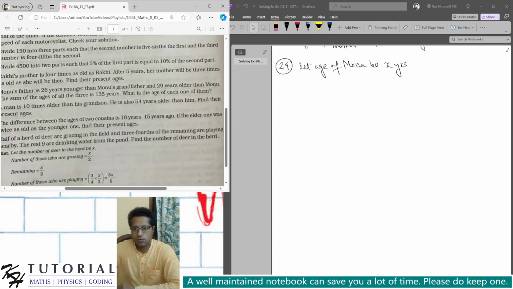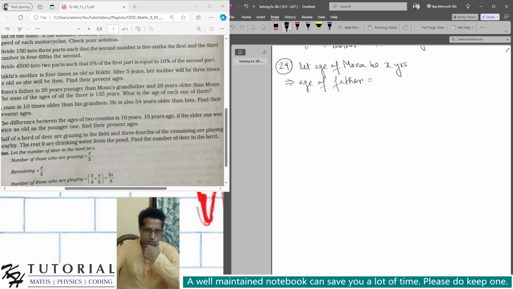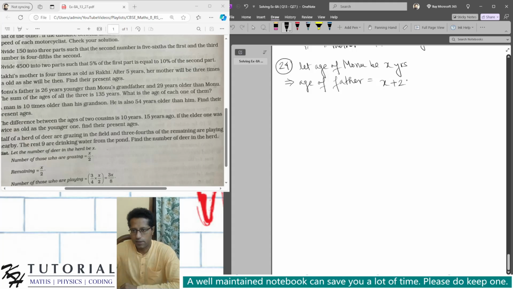So if we consider the age of Monu to be x years, then the age of father is x plus 29, since Monu's father is 29 years older than Monu. This is the age of Monu's father.